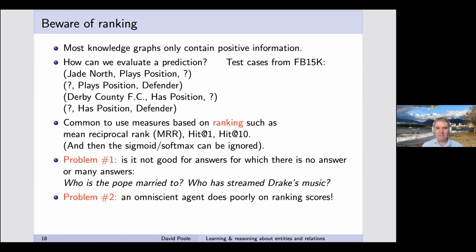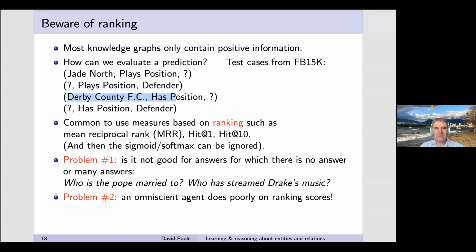Moreover, an omniscient agent actually does very poorly on this. Suppose I know what position Jade North plays. I'll go ahead and answer that question. And then the question here is, I'm thinking of someone who plays position defender. Who is it? The omniscient agent can list off everyone who plays position defender, but where they hit Jade North is anyone's guess.